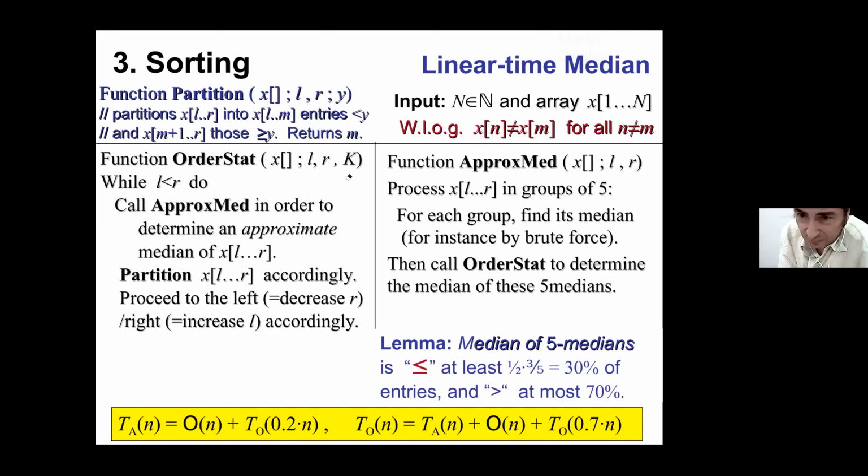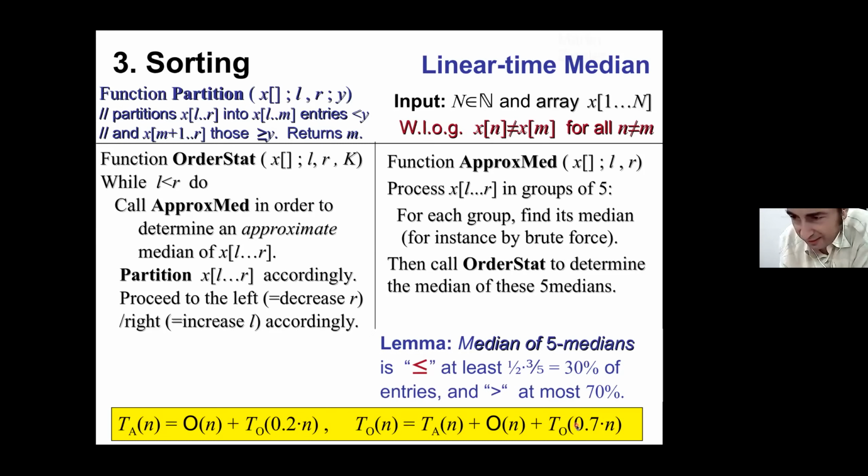The order statistics needs the approximate median in order to restrict the size of the area on which it calls itself recursively. This is what is written here: proceed to the left accordingly. This results in a recursive call, and by using the approximate median, you can bound the size of the piece on which you call it recursively to 0.7 times the size of the original array.